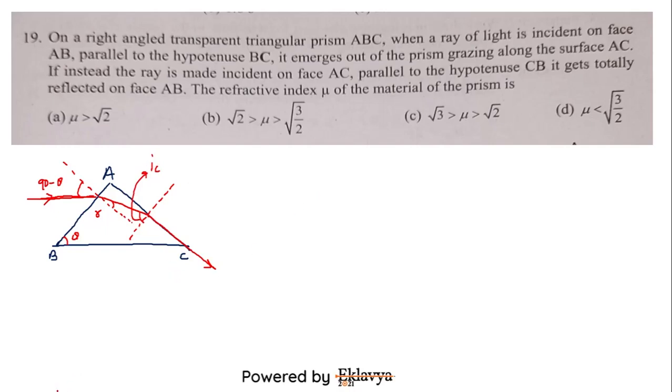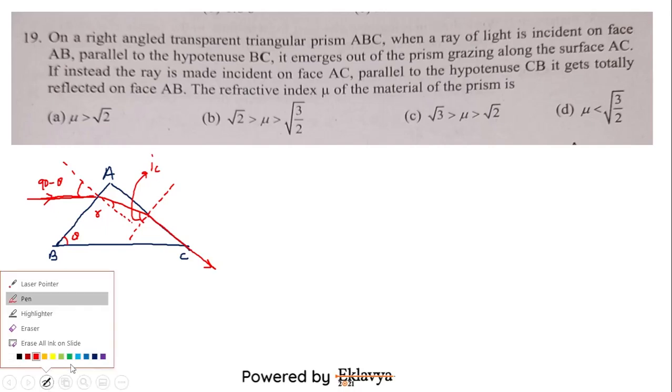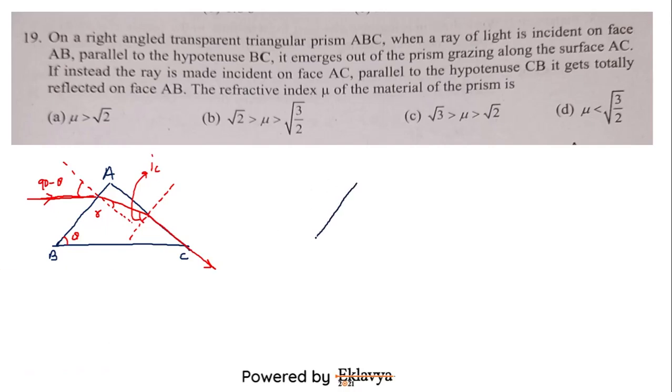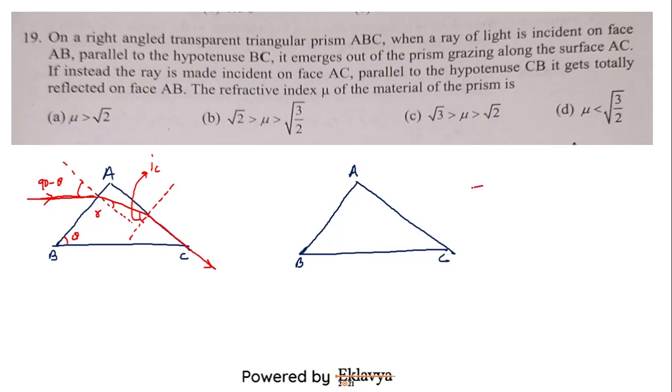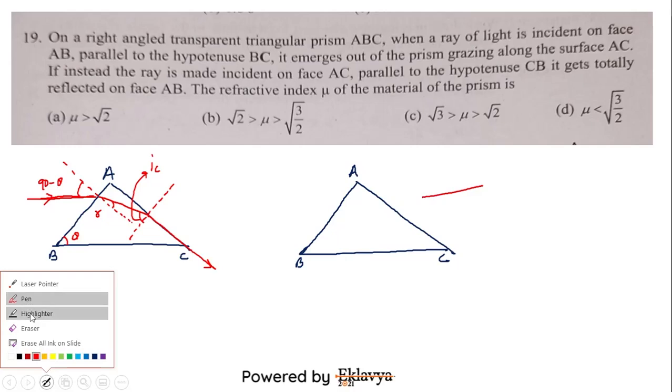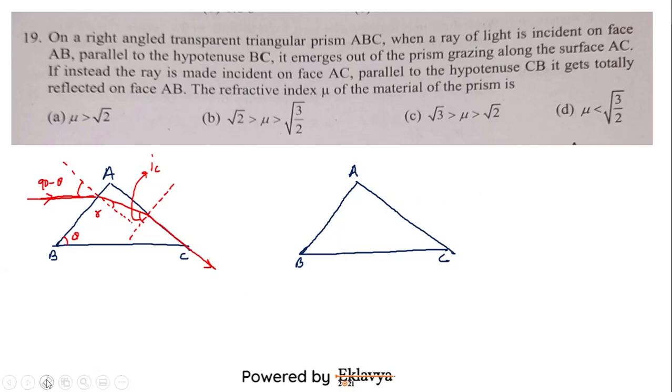Now in another case, for the same prism, we are sending light from the other side. Again, this is B, this is C, this is A, but this time we are sending light from this side like this.